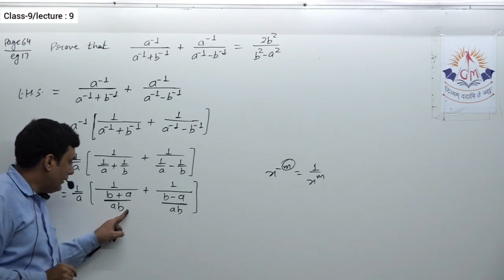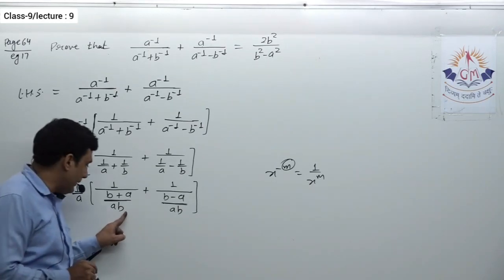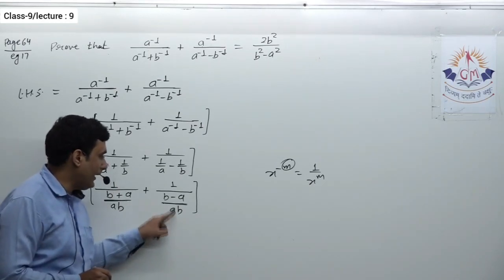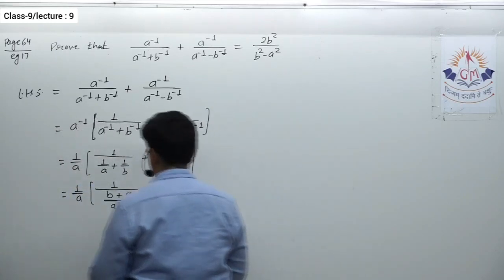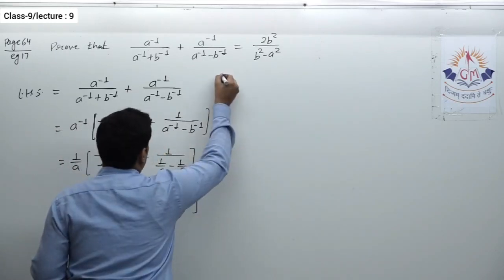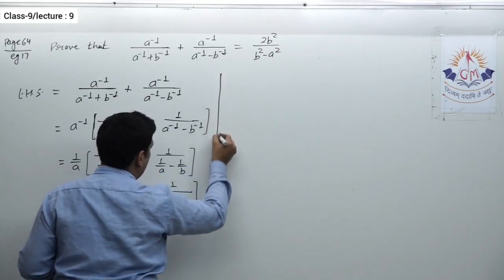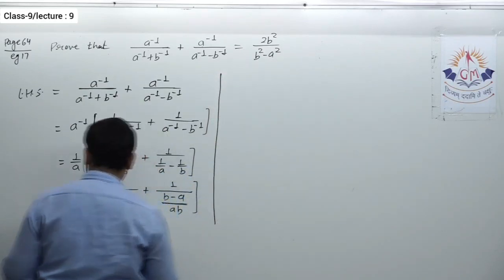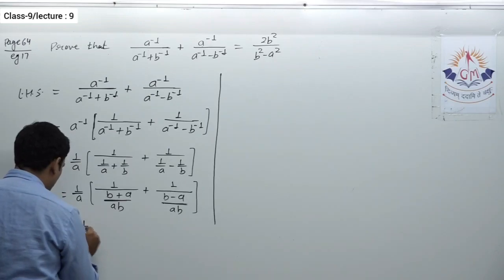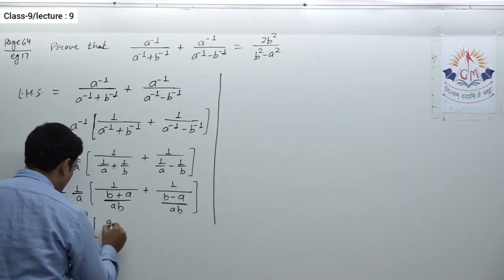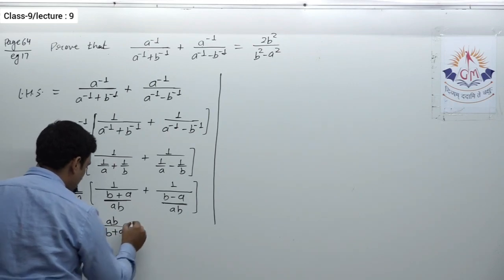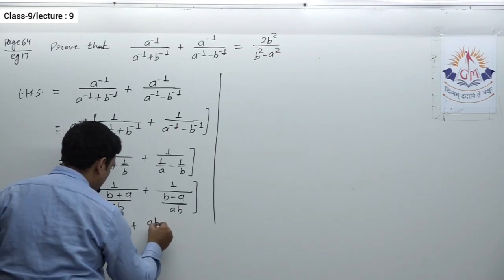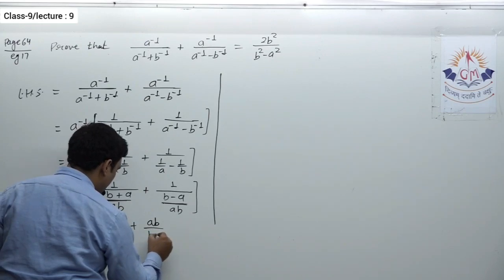Now we discussed this type of sum already. This ab comes in the numerator, and here again ab comes in the numerator. So next step: here I can write 1 upon a, and over here ab upon b plus a, plus ab upon b minus a.